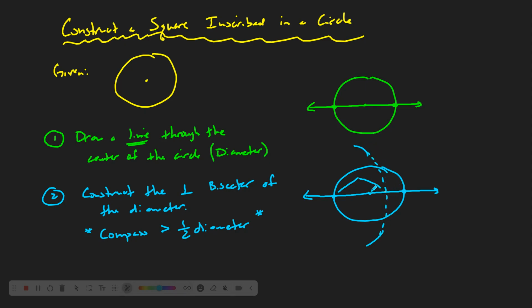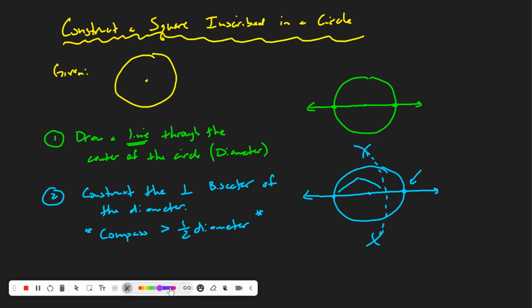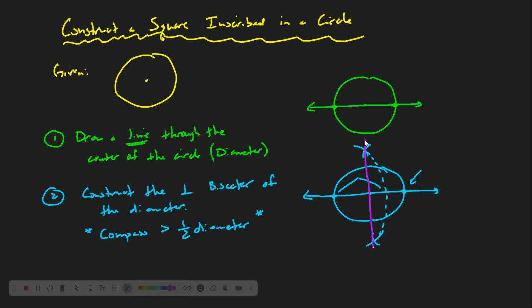That's fine. And then I'm going to take it to the other side. I'm going to put it here now and do arcs above and below, and that creates my two intersection points that I'm going to then draw, and I'll change colors for this so you can see, but I'm going to then draw the perpendicular bisector down through. Right, there we go. And again, the important part is that it's perpendicular, it goes through the midpoint, and it creates two more points here and here.